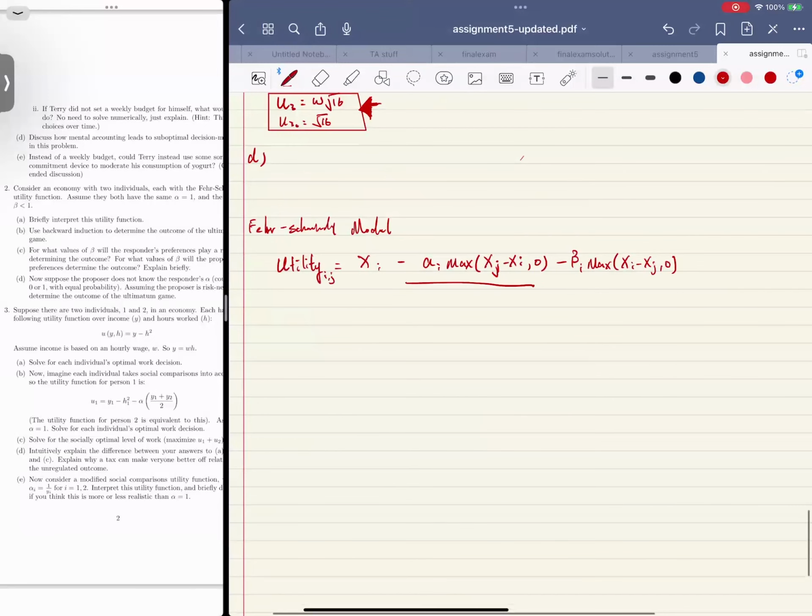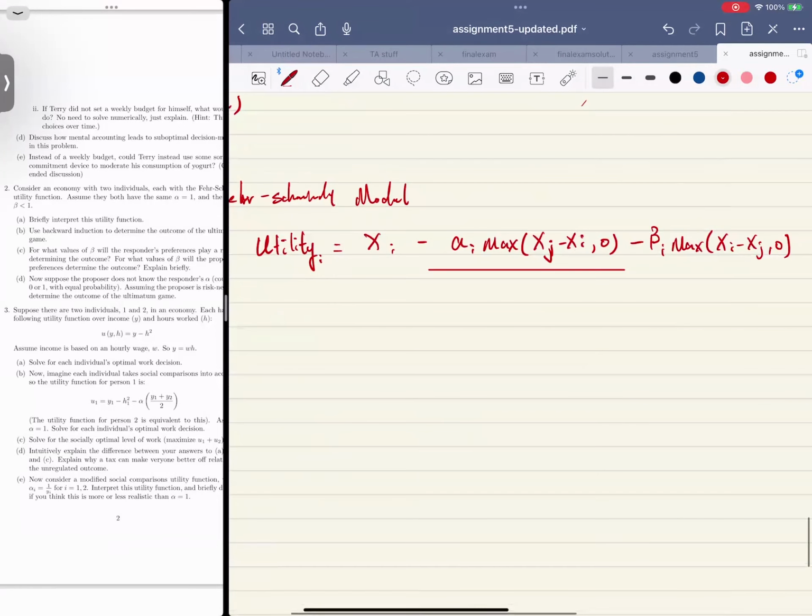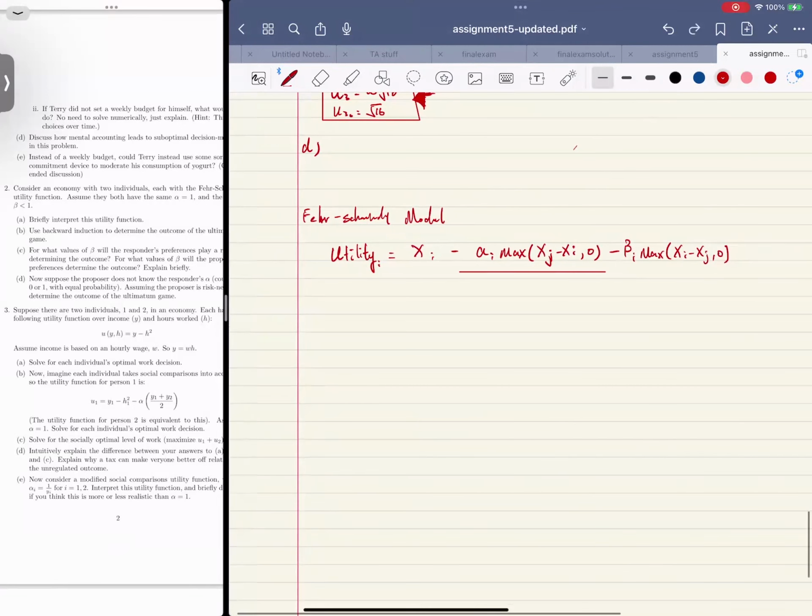So this part is what? So what does alpha stand for, this section of the utility function?